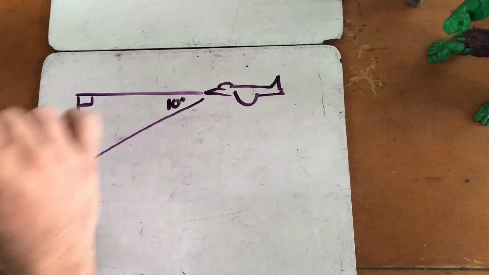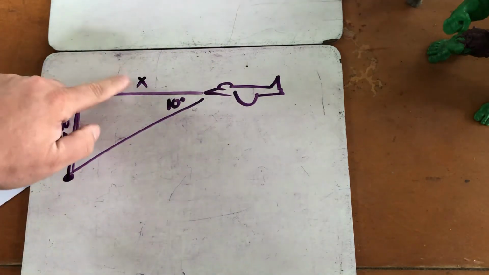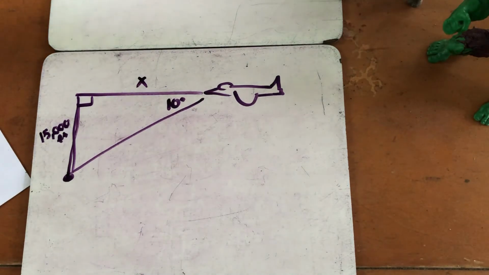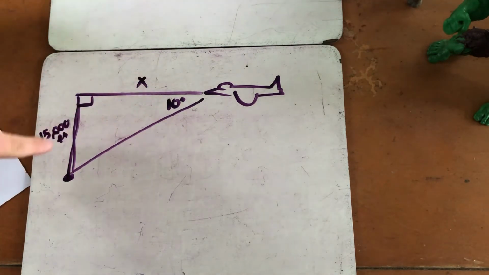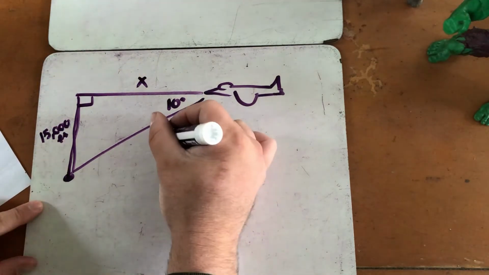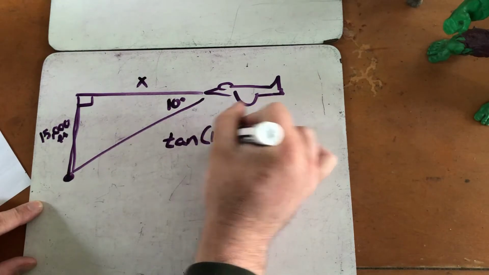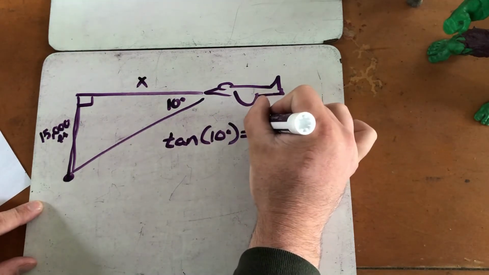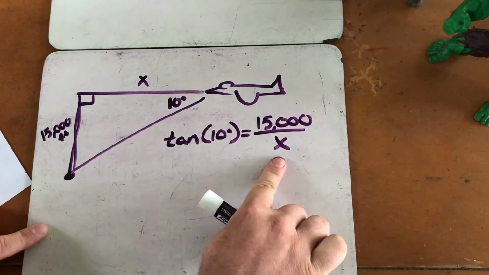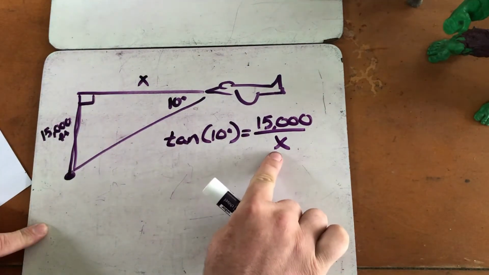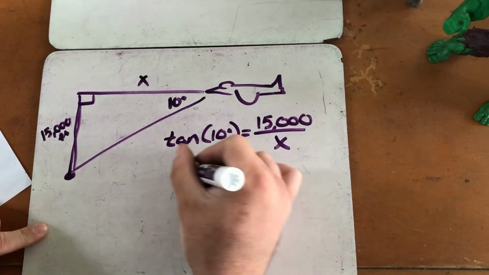So now if I'm looking for how far away the plane is from the airport, I'm looking for this value right there. I'm gonna use whichever trig function uses the 15,000 feet and the x, so this would be opposite over adjacent. So I'm using the tangent of 10 degrees equals opposite, which is 15,000 over x. Since x is in my denominator, I can switch it with the tangent of 10.